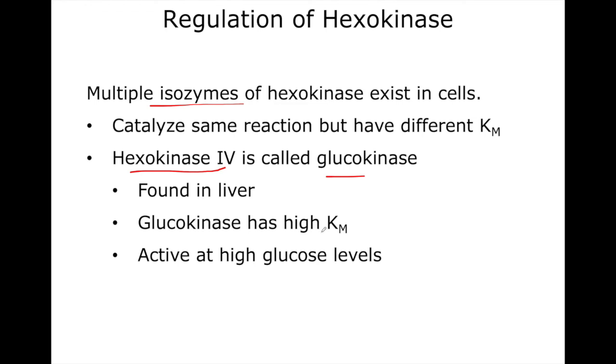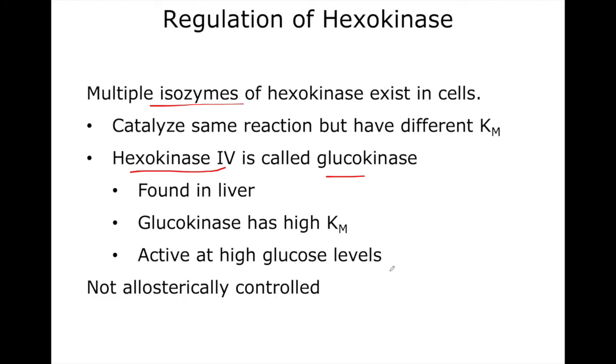Glucokinase has a very high Km. So when glucose levels are low, its activity is very low. It's not very active. But when glucose levels get high or spike after a meal, glucokinase is able to bind the substrate and catalyze the reaction, converting it to glucose 6-phosphate. So it's active at relatively high glucose levels.